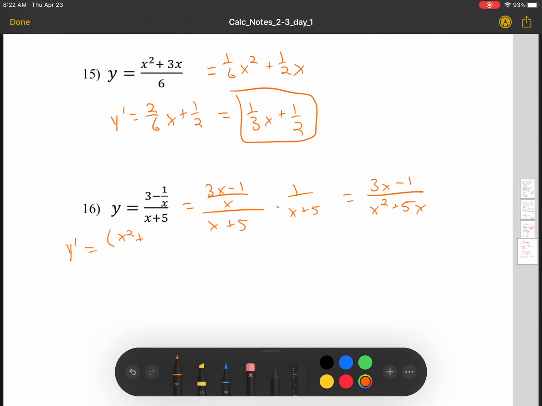All right, so we're taking the derivative now. Y prime equals x squared. Remember our high D low, low D high, all over our low times low.